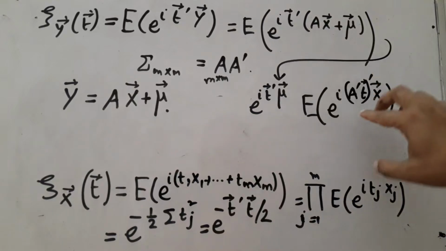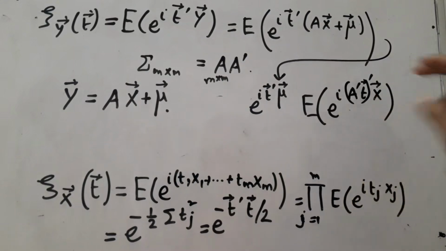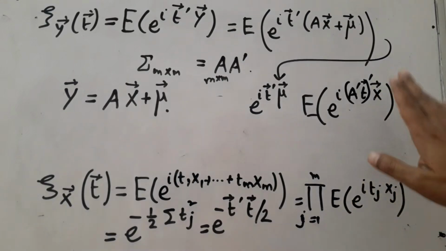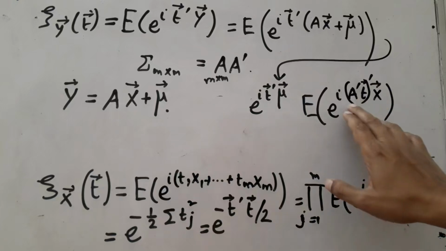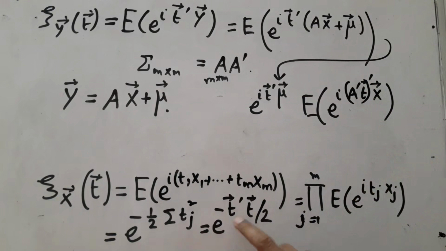Once you take the transpose, this becomes t prime, and a transpose transpose becomes a. So it is just the characteristic function evaluated at a transpose t. We already know that the characteristic function is this, so I will just plug it in.